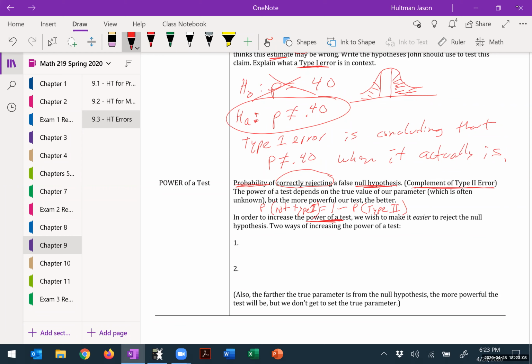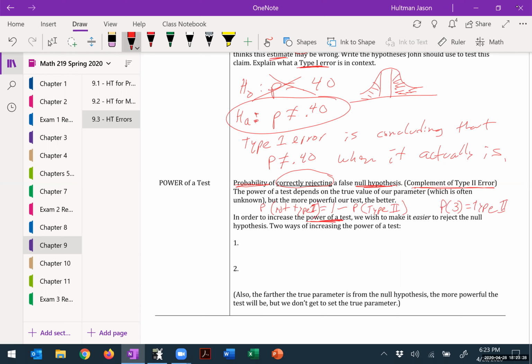Okay, so think of this as, well, what's the probability of getting a type 2 error? We'll say that that's 30%. Probability of type 2 is 30%.